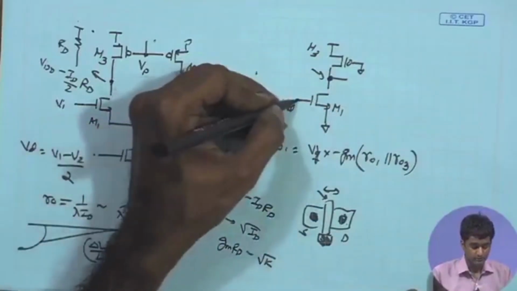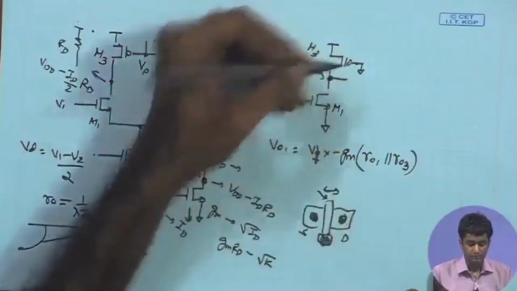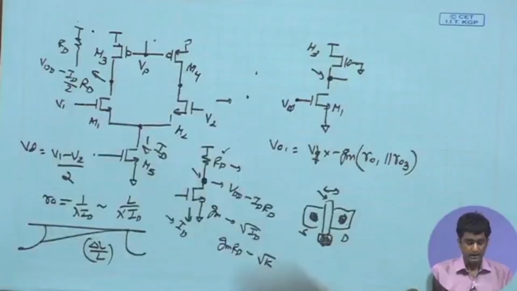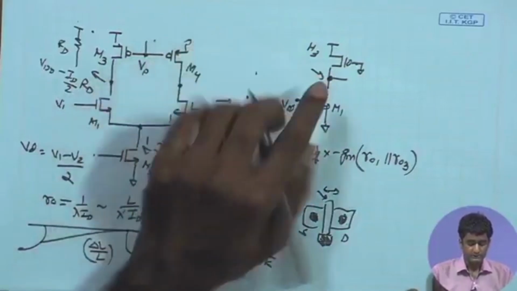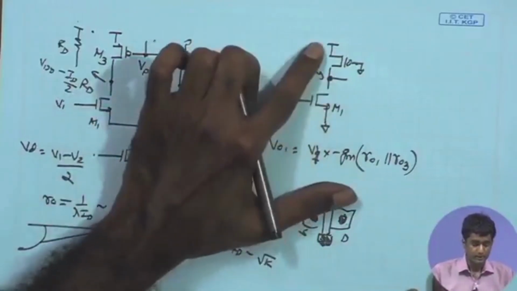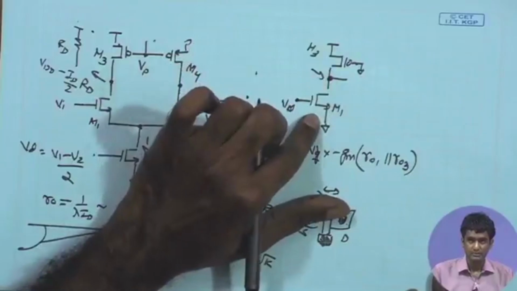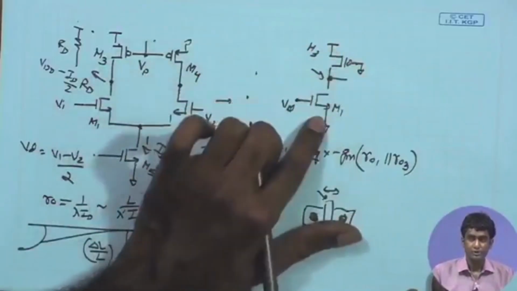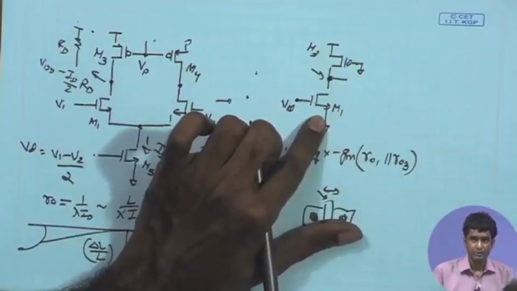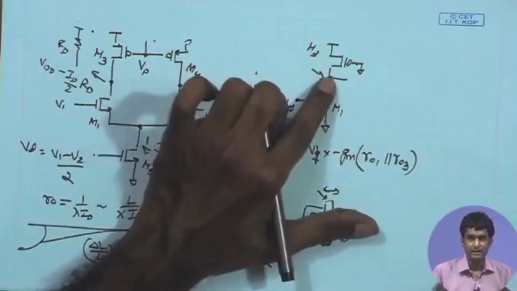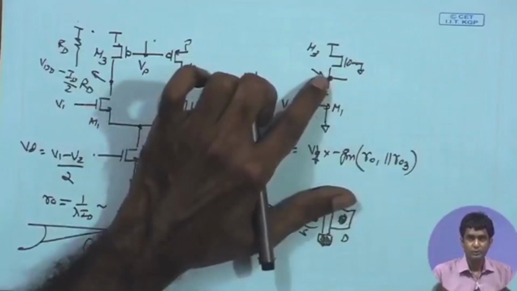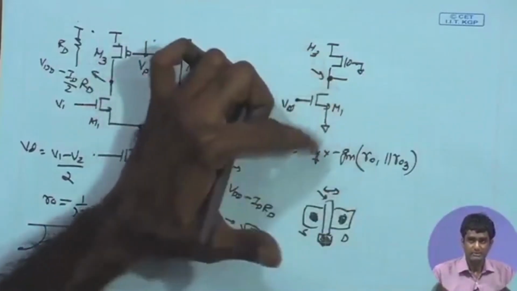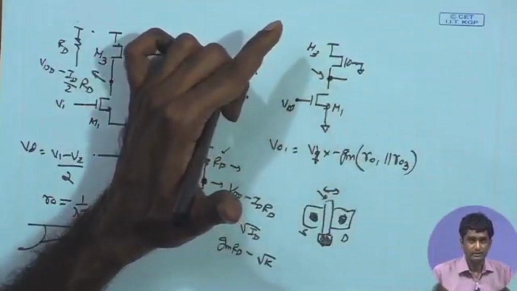The gate voltage of M1 is also fixed, the gate voltage of M3 is also fixed, and therefore the output DC point is going to be determined only by the source to drain voltages, because the drain current you are enforcing a certain value, gate voltages you are enforcing a certain value, and therefore you are left with the VDS to determine the output DC point, and the VDS in turn depends upon the channel length modulation factor.